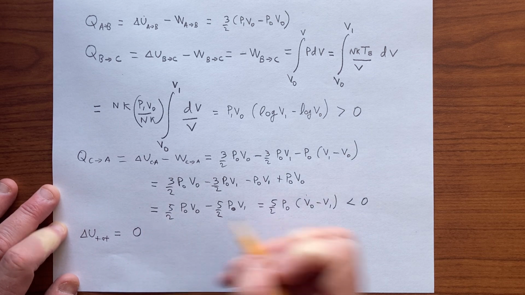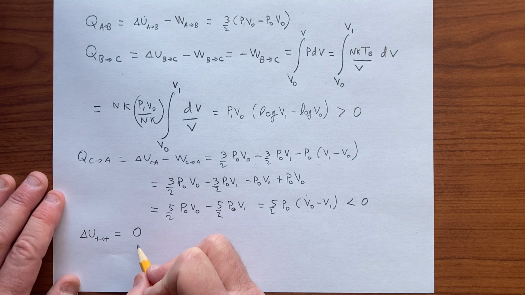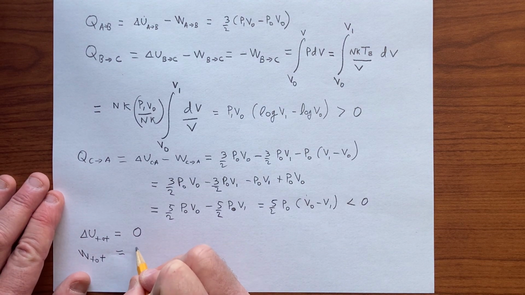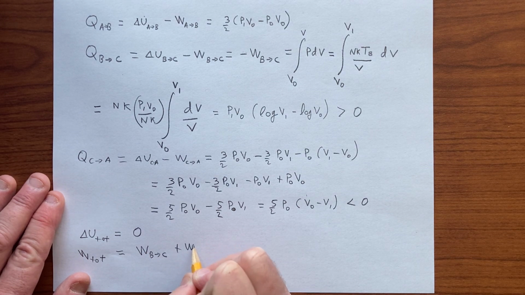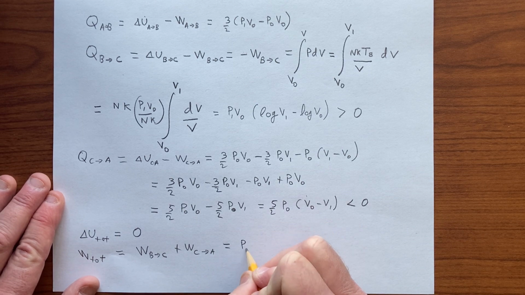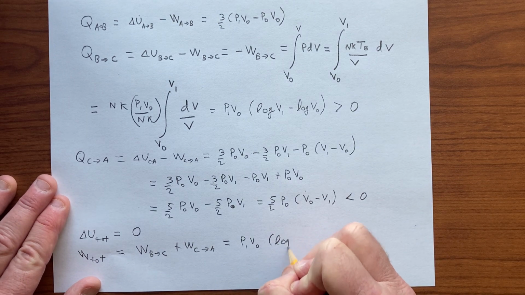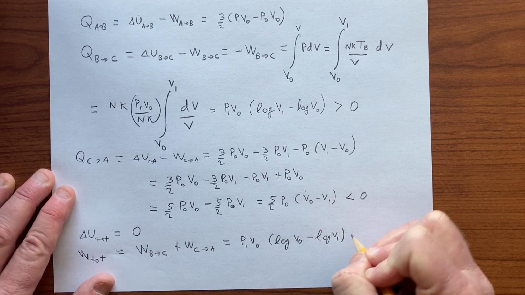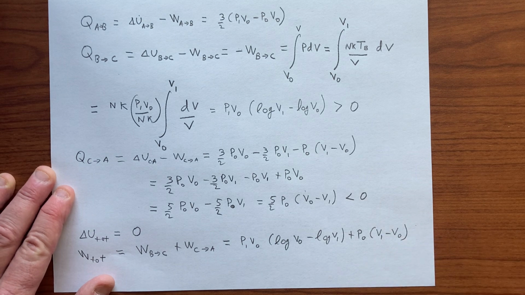And so let's summarize by noticing that delta U total, we're at the same place in the PV diagram, so this is 0. We come back to the same temperature. Delta U is 0, and W total is equal to W B to C plus W C to A, which is P1 V naught times natural log of V naught minus log of V1, plus P naught times V1 minus V naught.